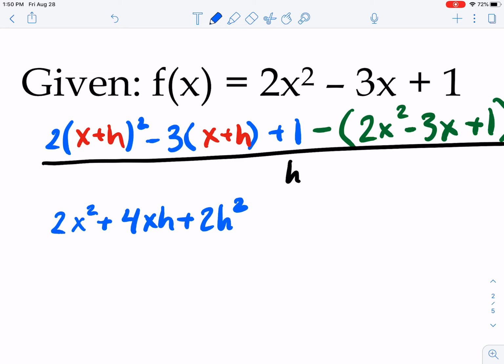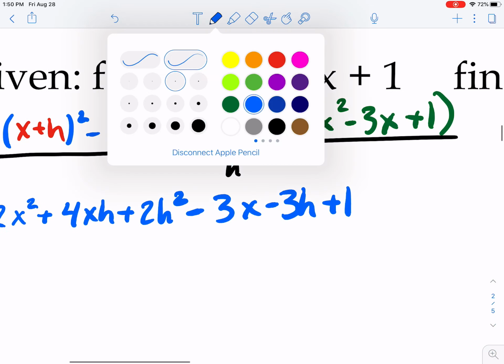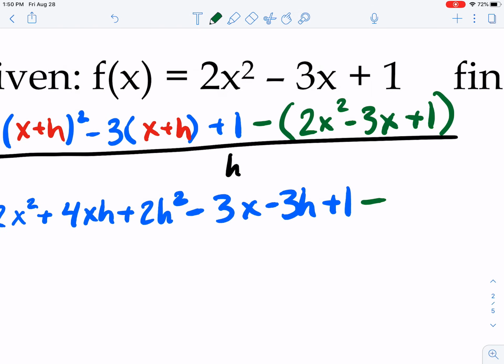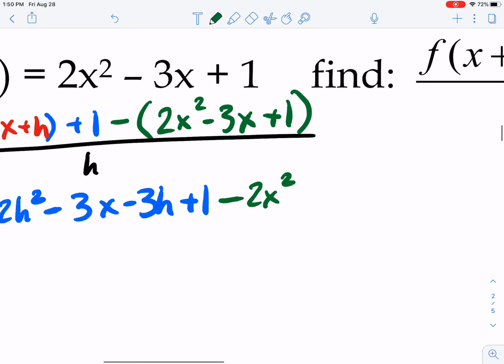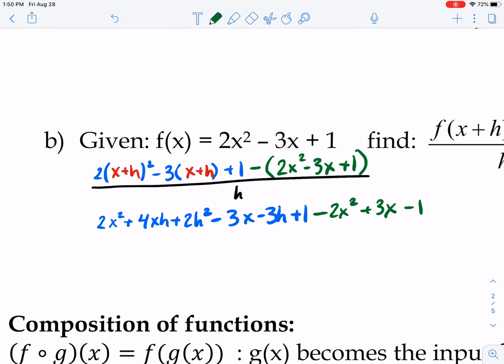I'm sorry, I foiled it and distributed at the same time because I'm lazy. I mean efficient. And we're distributing that negative. Life is good. Did I get that all correct? Yes, I did. Everybody now is being divided by h.